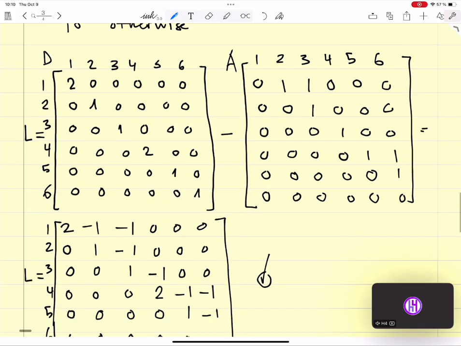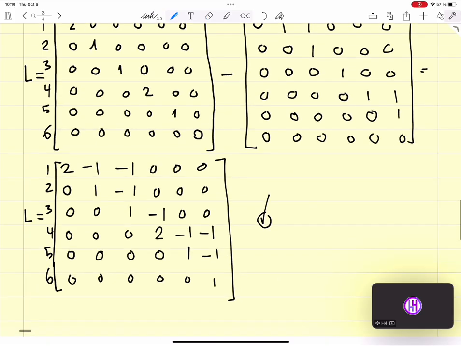Yeah, you're right. This is a 0. Thank you. Okay, so that's the average path length, clustering coefficient, degree distribution, and Laplacian matrix.